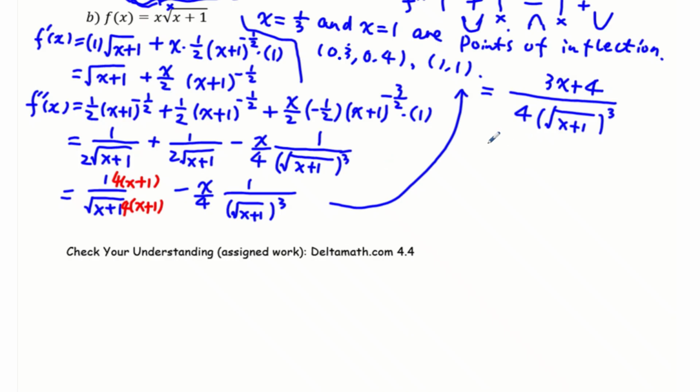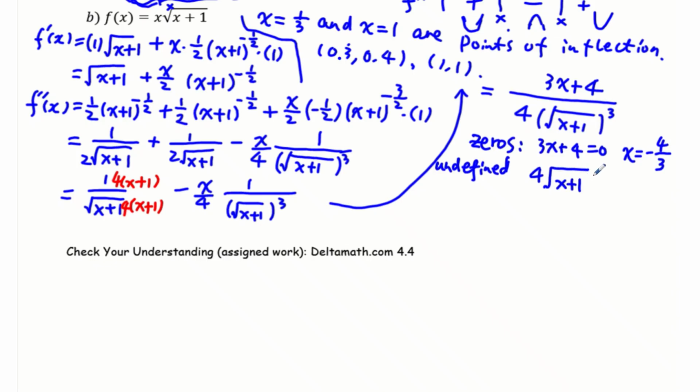We want to find the zeros and also where it is undefined. The zeros will be just the numerator equals 0, so we have x equals negative 4 over 3. And undefined will be the denominator equals 0. So 4 square root, move the 4 to the other side by dividing, the opposite operation.